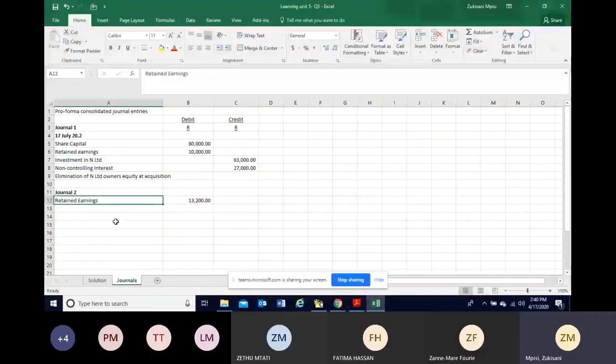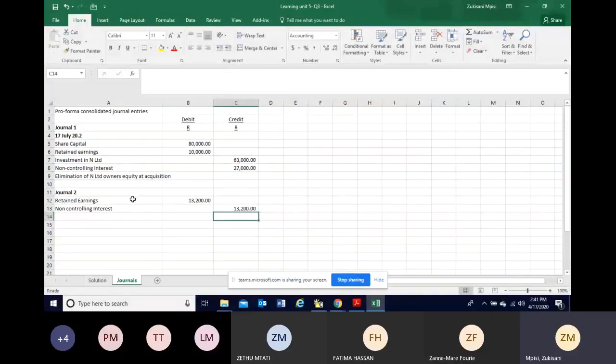Remember, this retained earnings is a credit balance. If you put it as a debit, it means that you are debiting profit or loss, but now this is no longer profit or loss, it is the statement of changes in equity. You are now going to credit non-controlling interest, and this non-controlling interest is also 13,200.